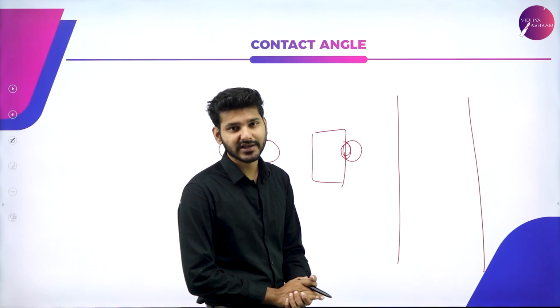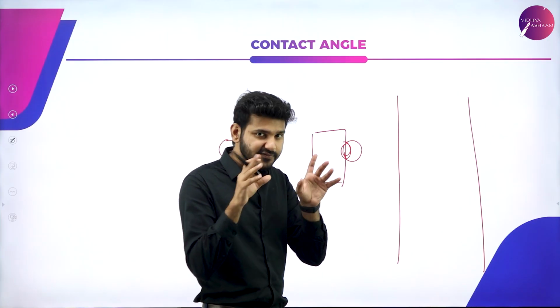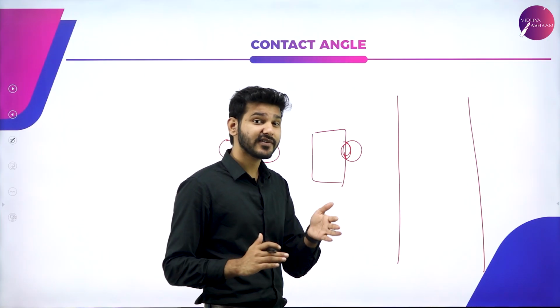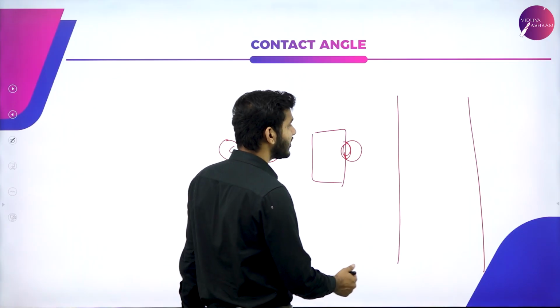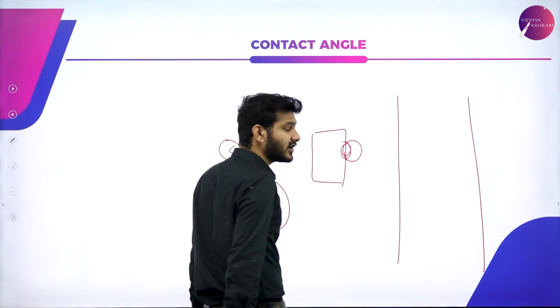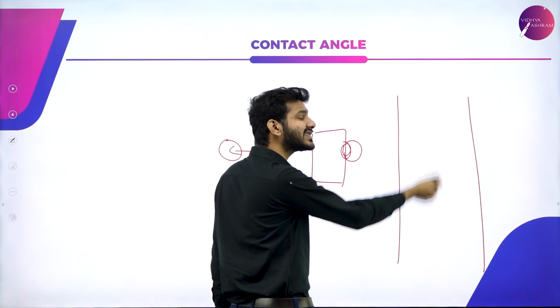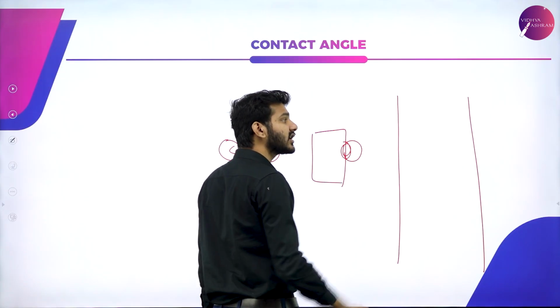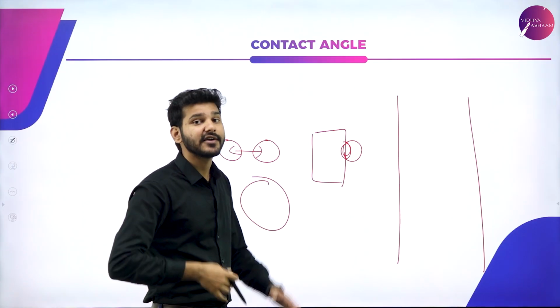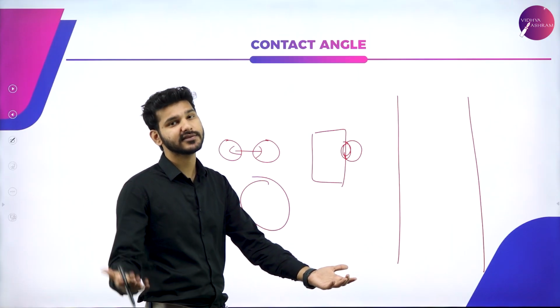That is not what we are here to study about. Because of this force of attraction between different types of molecules, the water or any liquid you take inside a tube has a tendency to either stick to itself or to the walls of the container, depending on which force is dominating. Is it adhesive forces or is it cohesive forces?